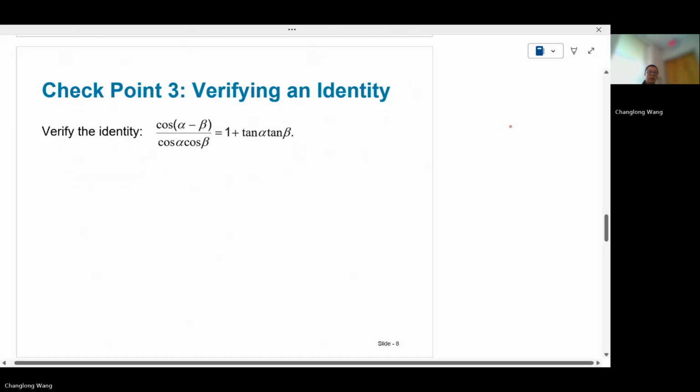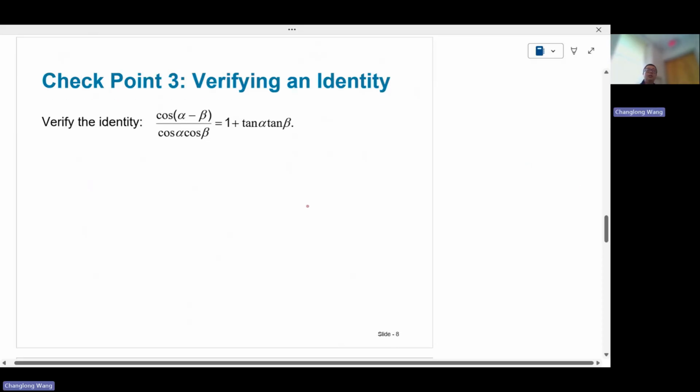All right. Now, number 3 is a very good problem. It could be a good FRQ for a test. So we're going to verify the identity. And now you're not only limited to those fundamental identities like I gave you on those cheat sheets last week.